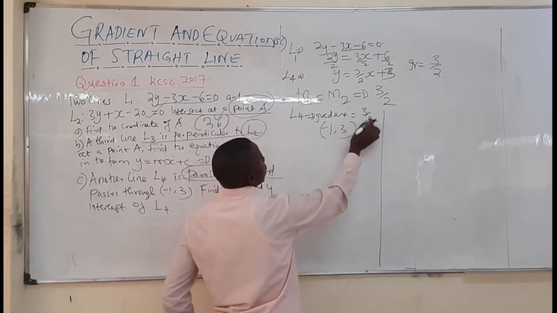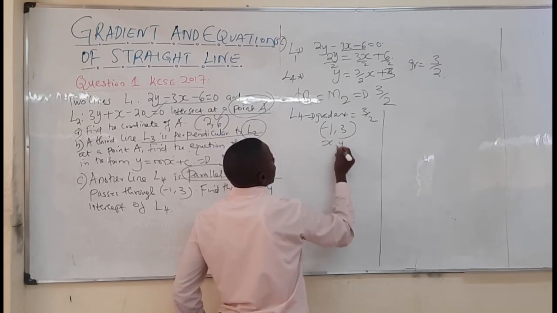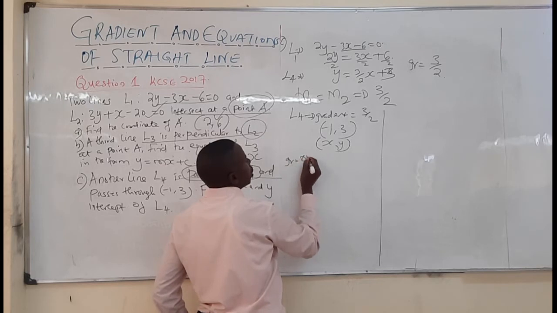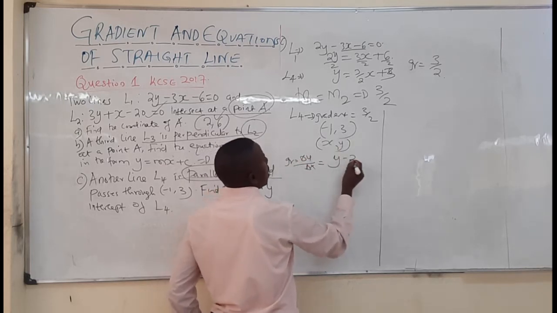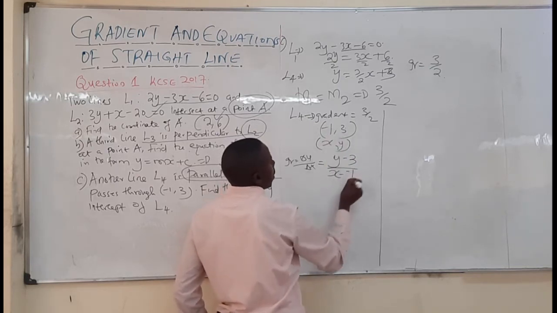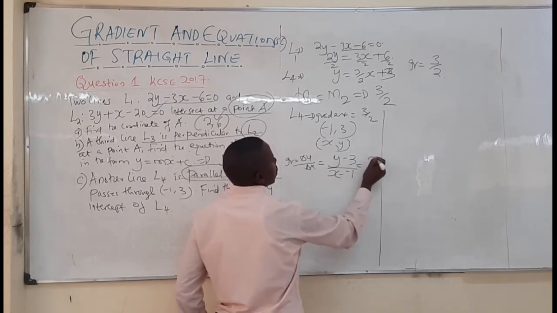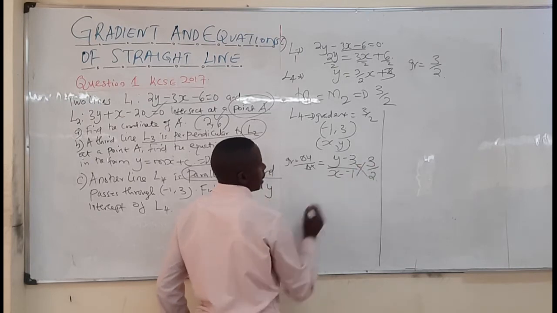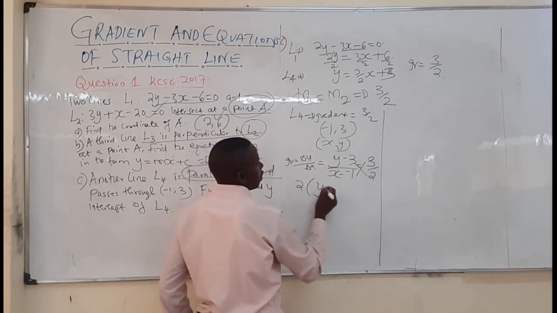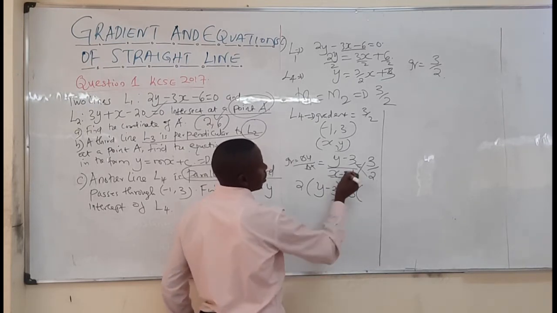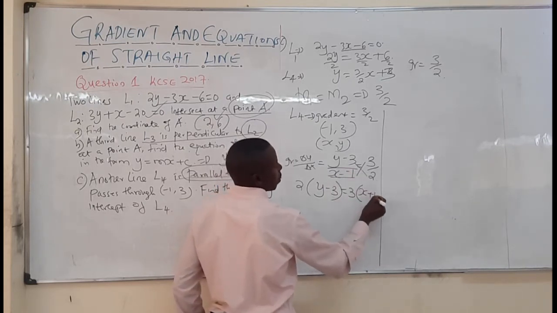We have the gradient as 3 over 2, and then an arbitrary point (x, y), and the gradient is given by change in y over change in x. So (y minus 3) divided by (x minus minus 1) is equal to 3 over 2. So cross multiply, we get 2 times (y minus 3) is equal to 3 times (x plus 1).